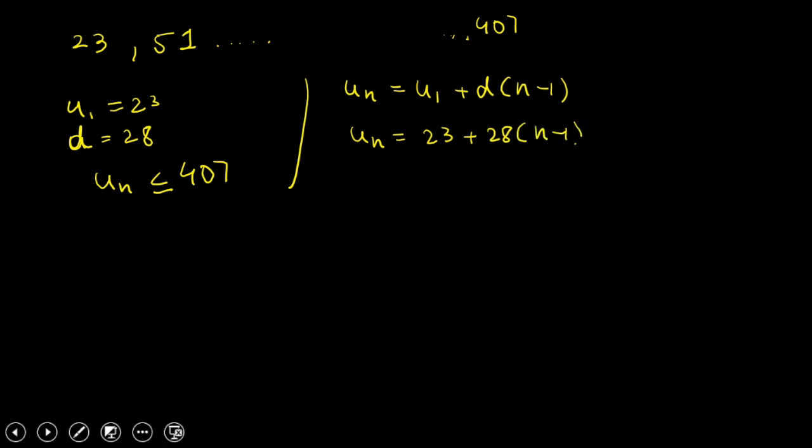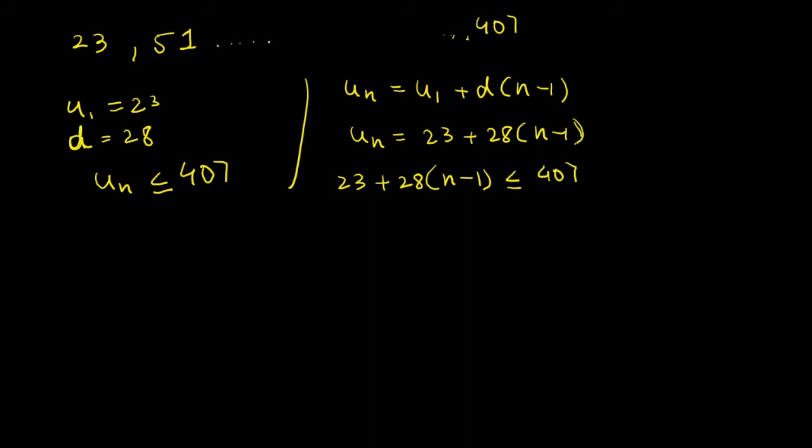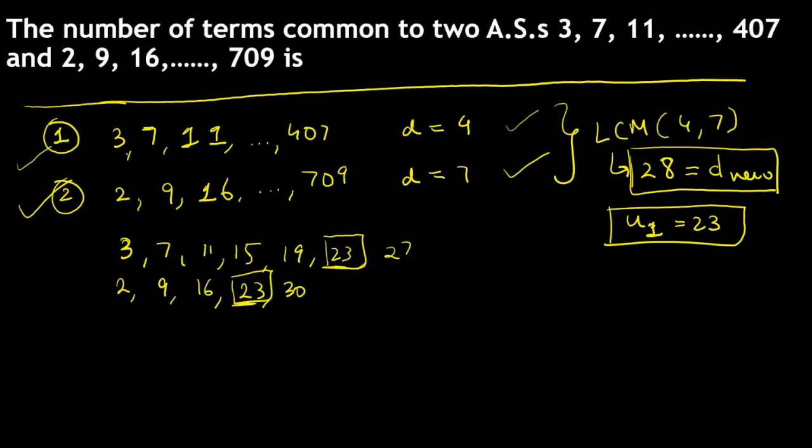And we know that un is supposed to be less than or equal to 407. So we can write 23 plus 28 into n minus 1 less than or equal to 407, right? Now if we simplify this, we can subtract 23 and then divide. So we get n minus 1 is less than or equal to (407 minus 23) upon 28.